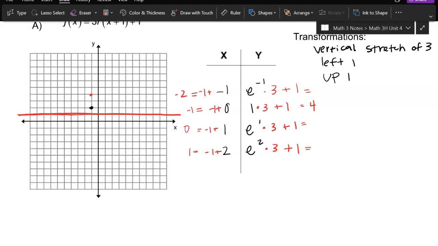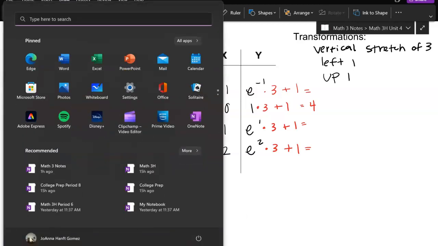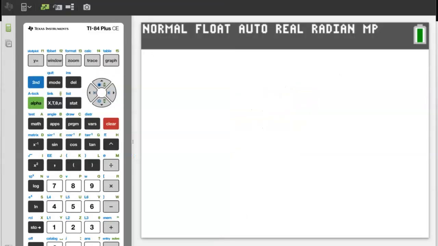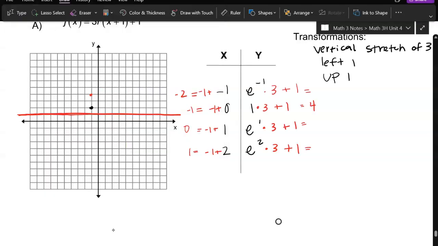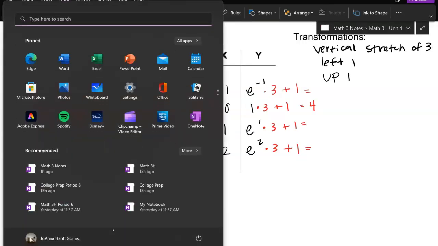All right, and then let's put our other ones in. So e to the first times 3 plus 1.